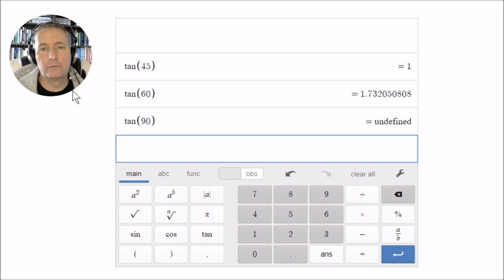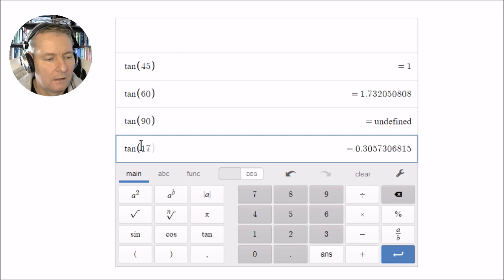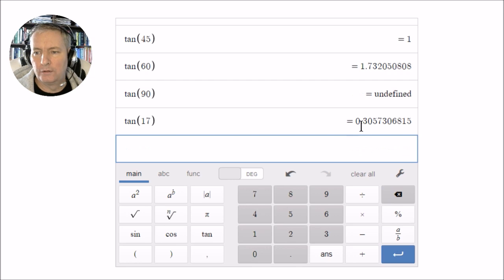We won't have gone anywhere in the x distance, so we'll see that in the next video when we actually look at the functions all drawn out. We can try another couple here, just put in a random value, so we can put in tan of 17 degrees. And you can see there's the answer, 0.3057 and so on. So that's for the tan function.